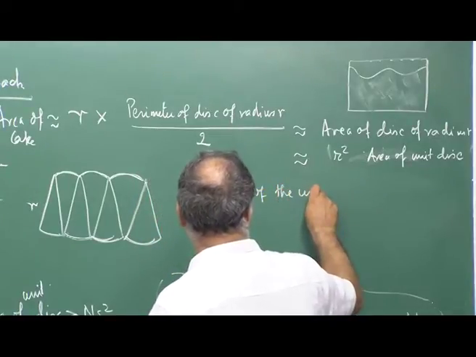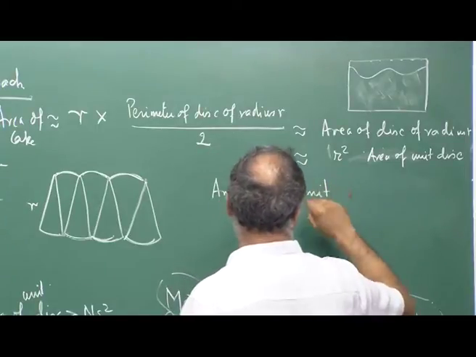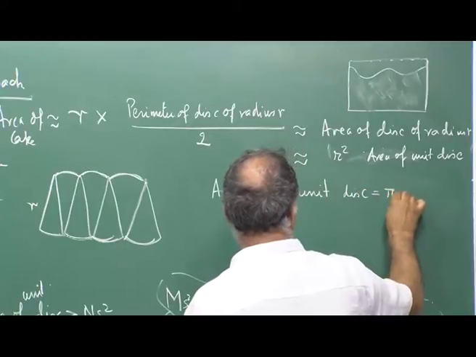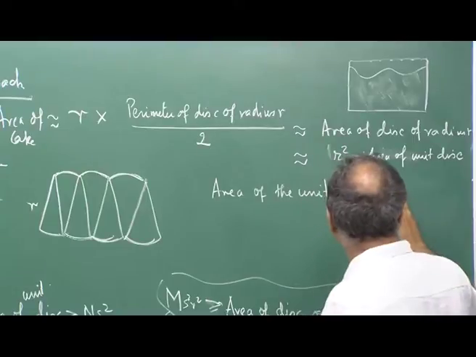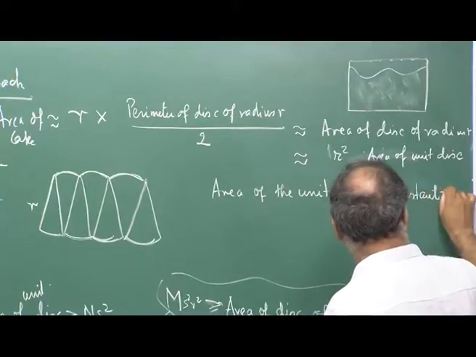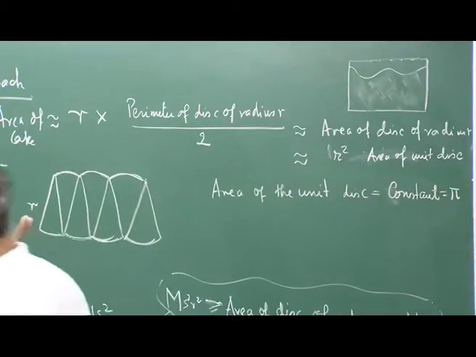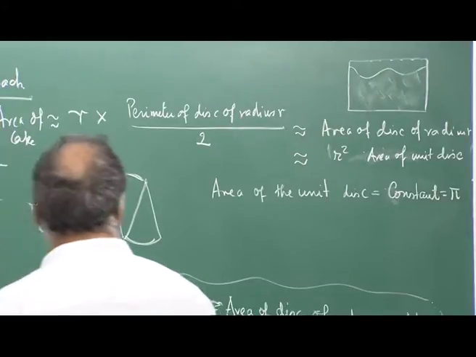Of course, you can ask me how this pi came, I will give you some idea. Area of the unit disk is pi, so some constant, it is just a constant. Let us just call it constant if you want to, and I am just writing this as pi because we already know something about it. This is a constant number, but obviously it cannot be changed. Right? So what does it mean?